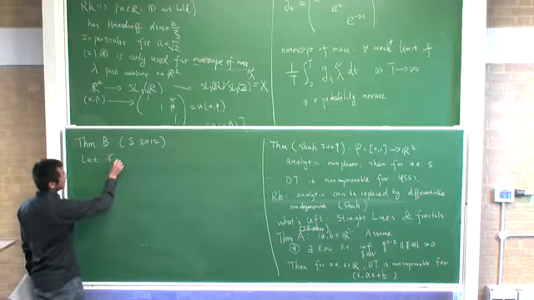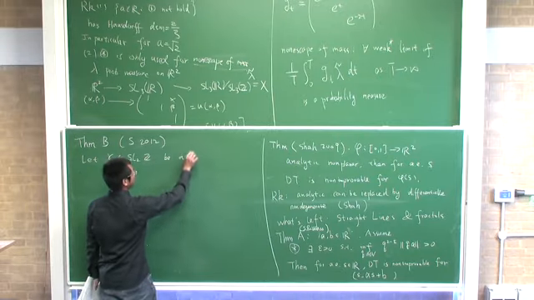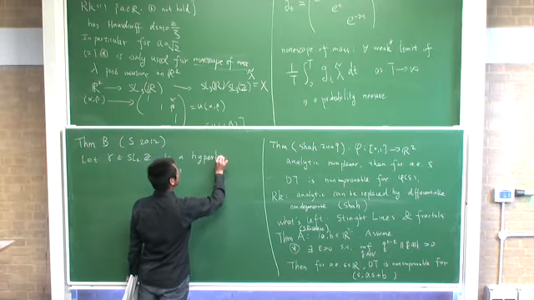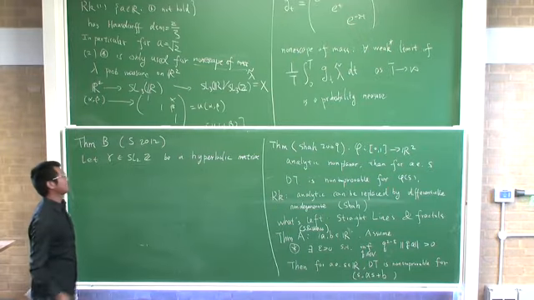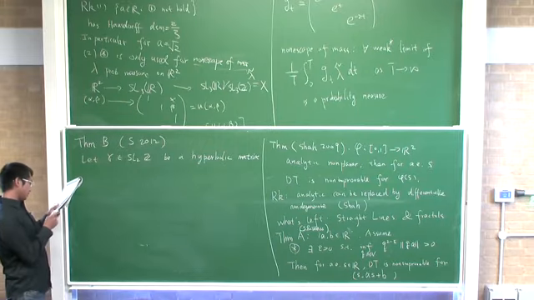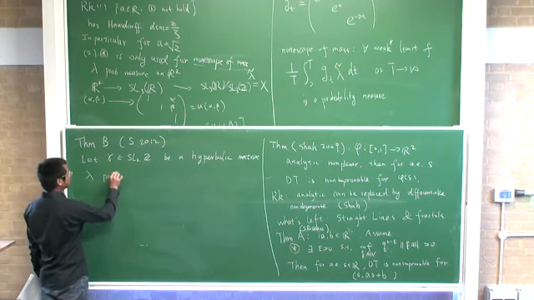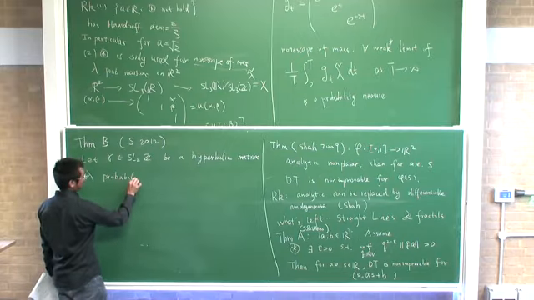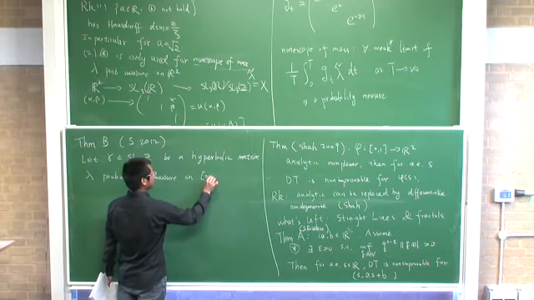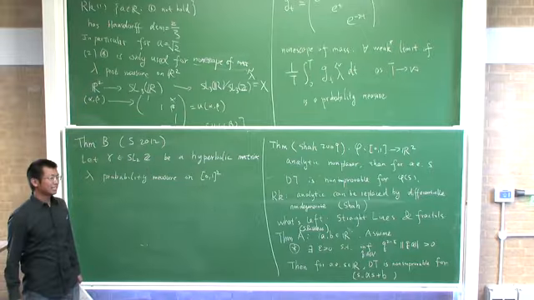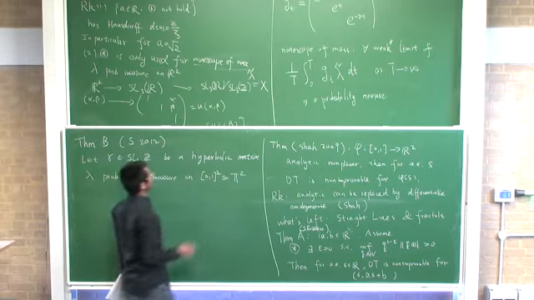Let gamma be a hyperbolic matrix, and lambda be a probability measure on the unit cube, which we consider as T2.